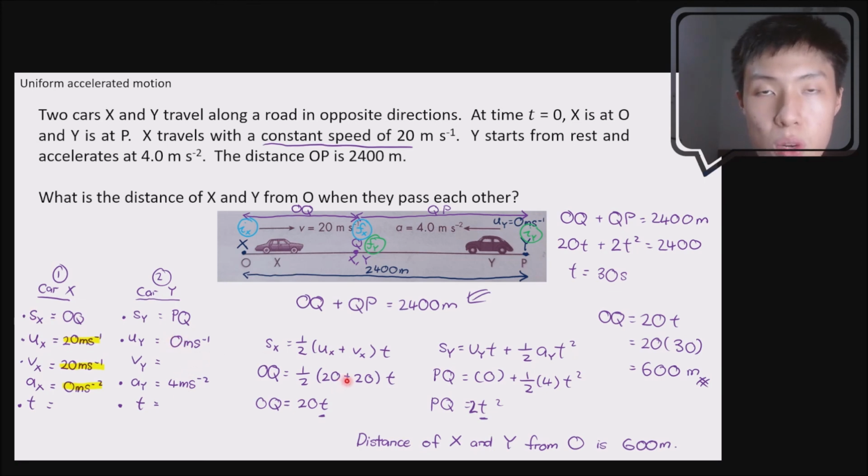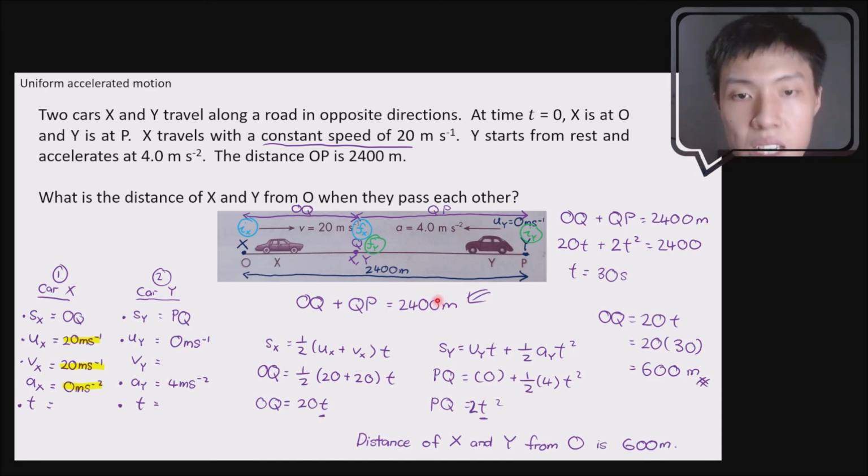Then you can build your equations and do simultaneous equations to obtain your answer. Again, the key to solving this problem is to realize that OQ plus QP equals 2,400 meter. That requires experience and practice. The more you practice, the more you are able to catch the key approach to a problem. Okay, and that sums up how to solve this problem.